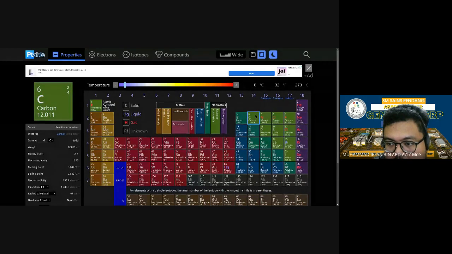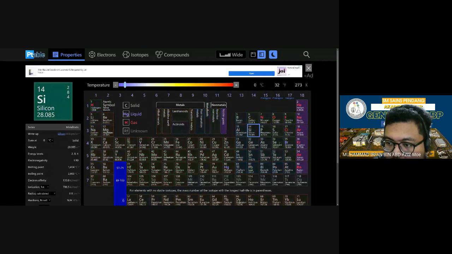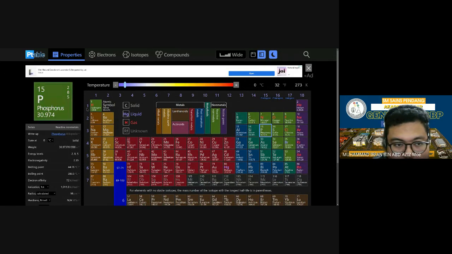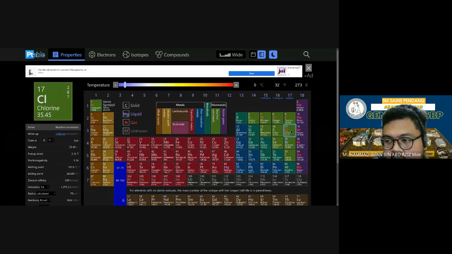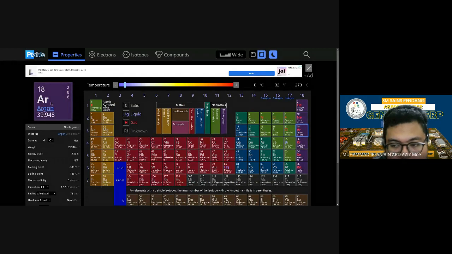For example, carbon 4, silicon 4 valence electrons. Phosphorus 5, sulfur 6, chlorine 7, argon 8.